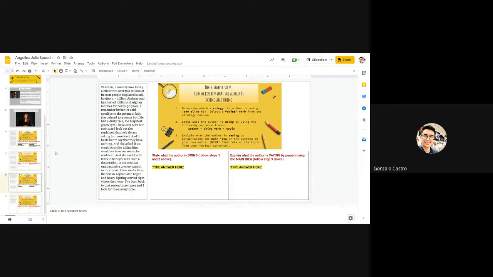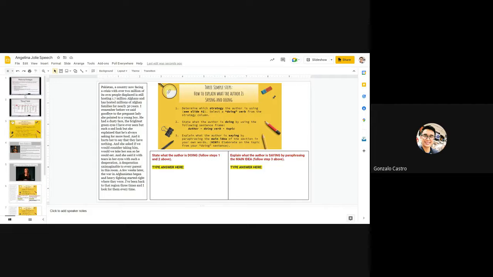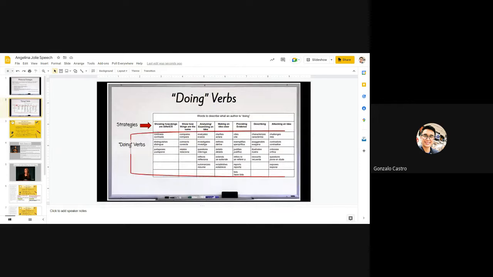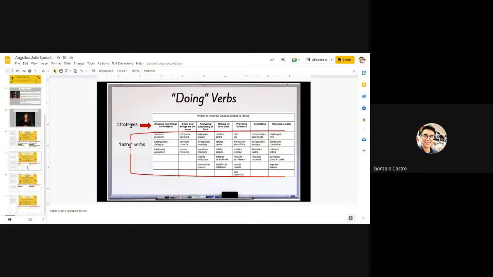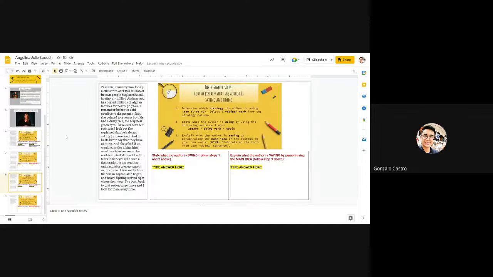After you have completed this section, you have 2 more sections to complete. So to complete each of these last 2 sections, just go ahead and follow these 3 steps in order that we just practiced together. So you want to read the section, go back to slide 2, select the strategy at the top of the chart that makes sense for what the author's doing. Below that strategy, select the doing verb that makes sense for how the author is presenting the information.